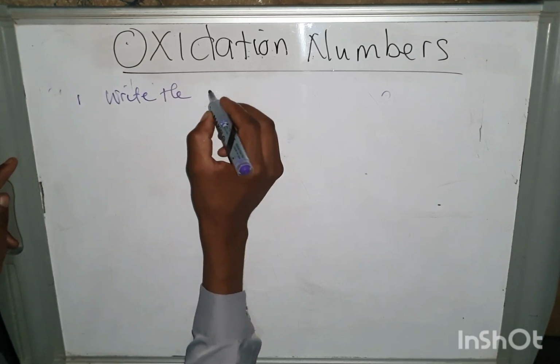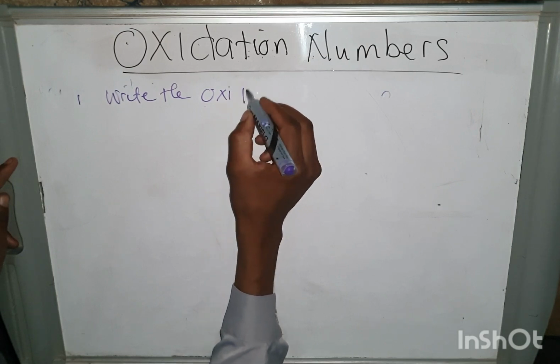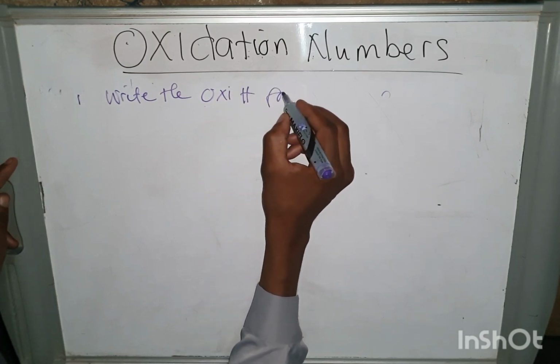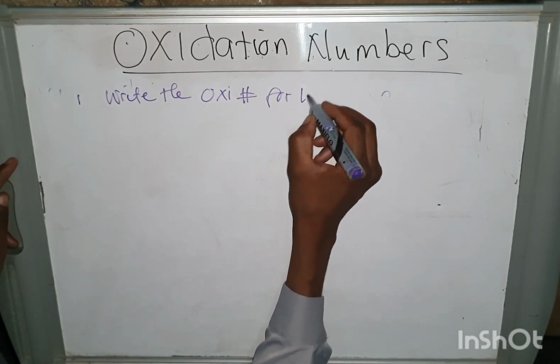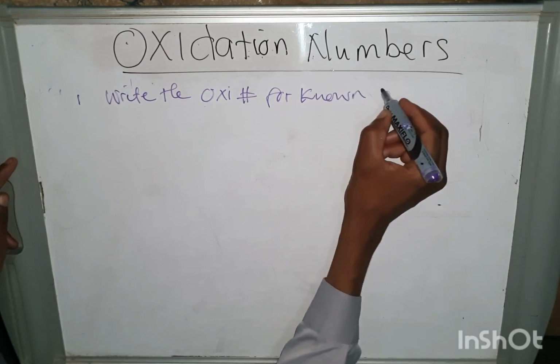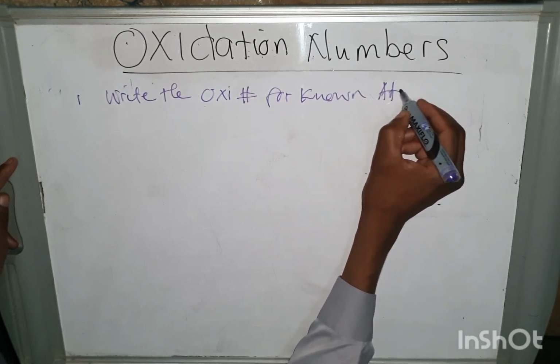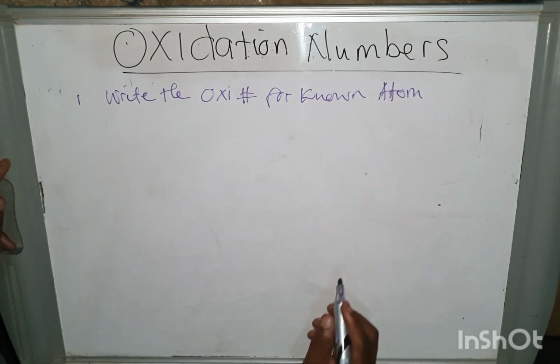So write the oxidation number for the known atom below its symbol.